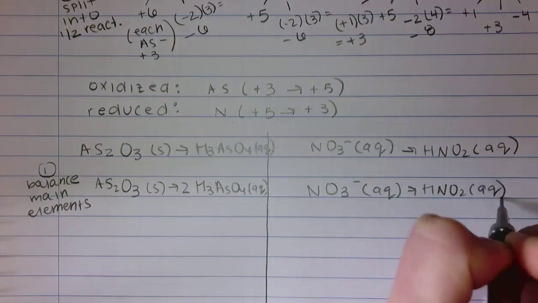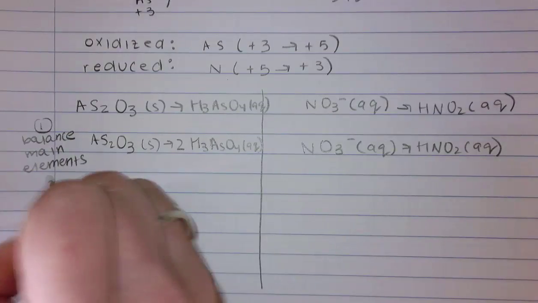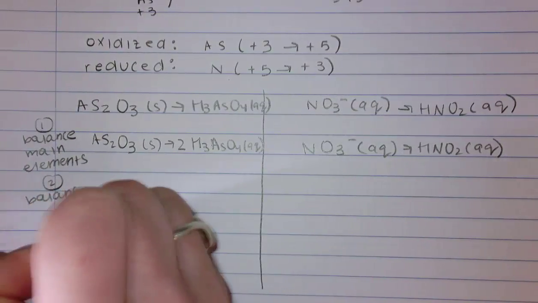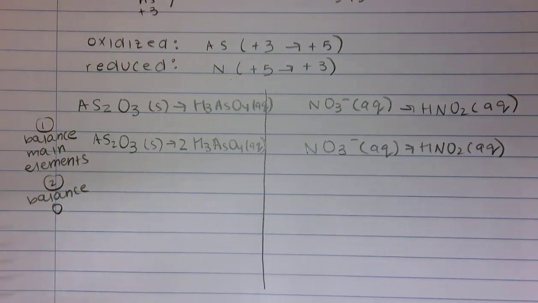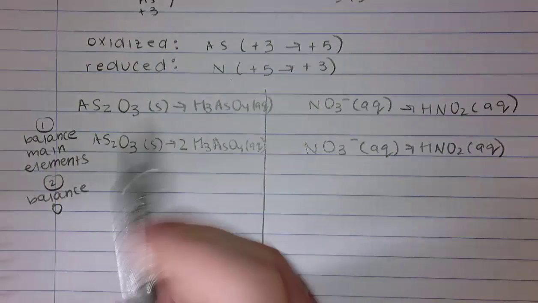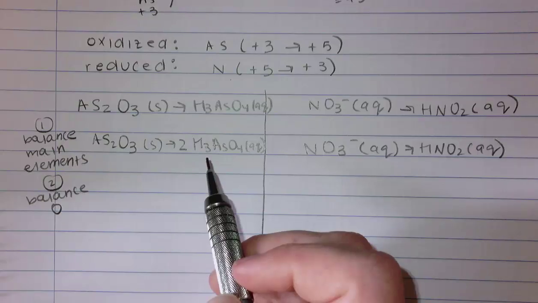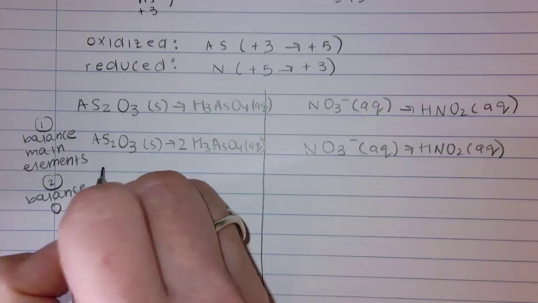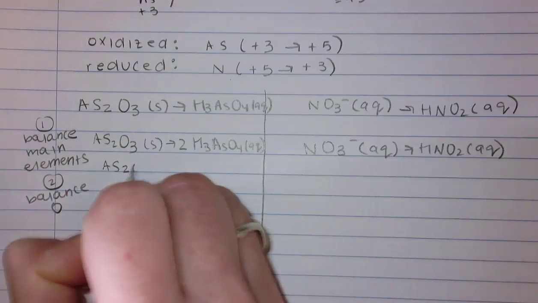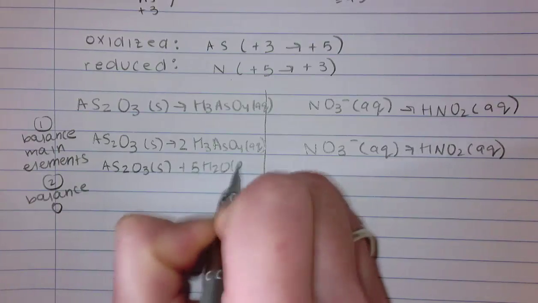So now that we've done that, we can balance oxygen. And we can do that by adding water molecules. We have 3 oxygens on our left-hand side and 8 on our right-hand side, so we are going to add 5 water molecules to our left-hand side.